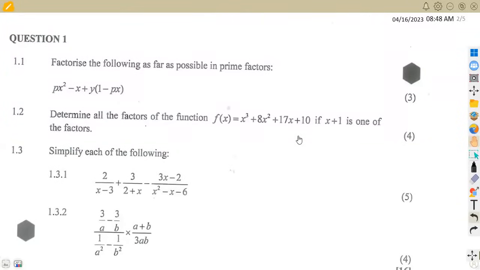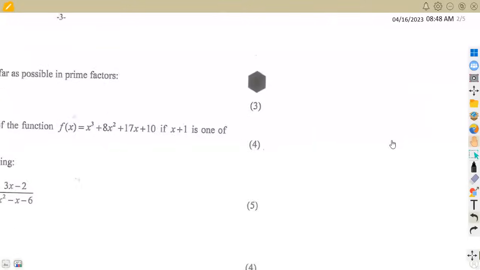We are now asked to determine all the factors of the function f of x if x plus 1 is one of the factors. All right. Whenever you are given the first factor, like in this case, we are given our f of x, which is equivalent to x cubed plus 8x squared plus 17x plus 10.